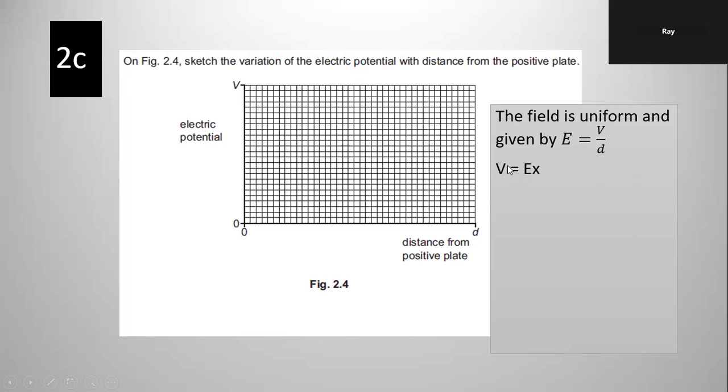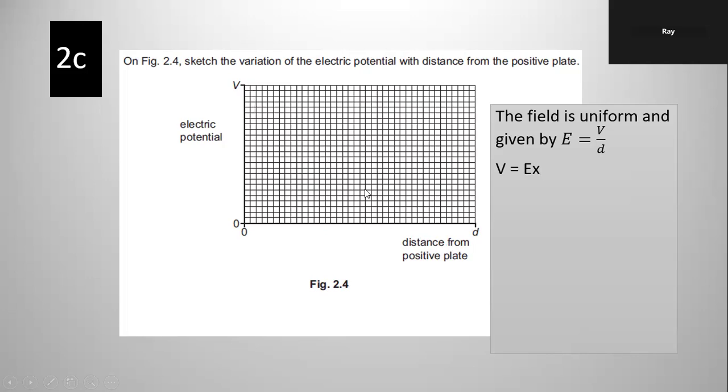We are not using the actual formula. We are just using it roughly to see whether it's a curve, a straight line or a hyperbola. That's all. This one tells you it is a straight line, and you are going to draw distance from the positive plate, so you start from the positive plate.